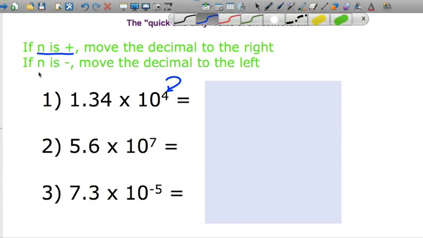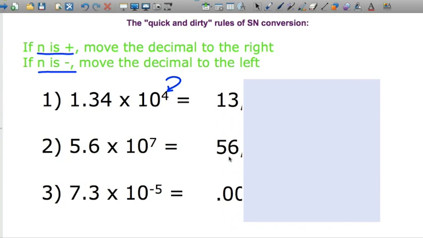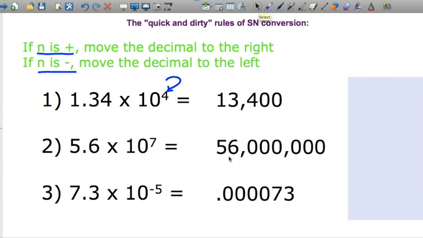If it's negative, what you're going to do is move the decimal to the left. So here's how you convert from scientific notation to regular notation. Right here I have 3 examples. You could probably do these on your own, or you could just look and see how the conversion goes.